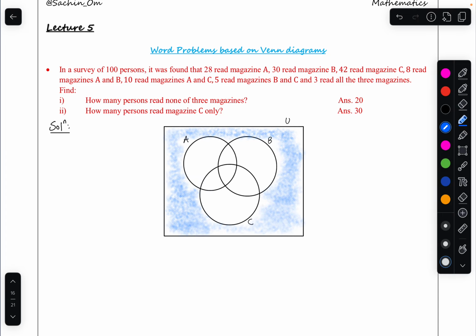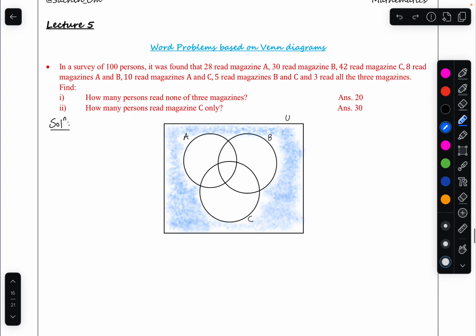So that's the first thing we have. In the second one, I'm supposed to find the number of people who read C only. We'll talk about the C only in a while. First, I'll write the information that is given to me in this Venn diagram.